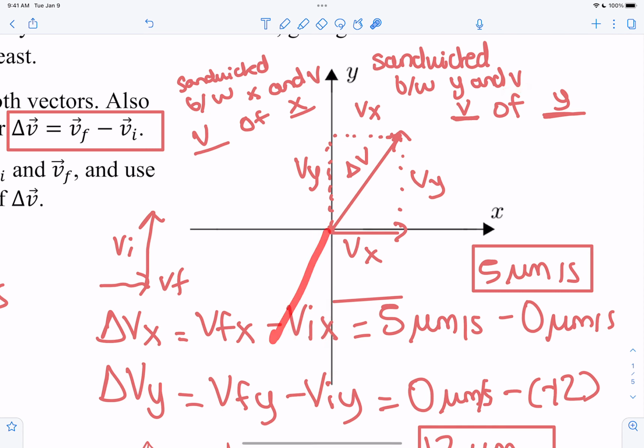So this is west of south, and this would be south of west. Now, how about this angle right here? Yep, and this one? Yep, excellent. North of west. There you go.